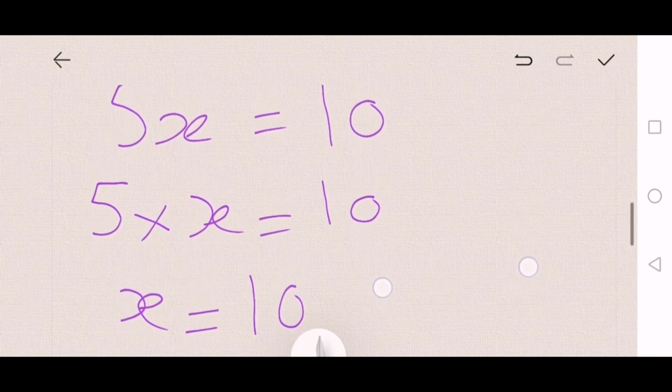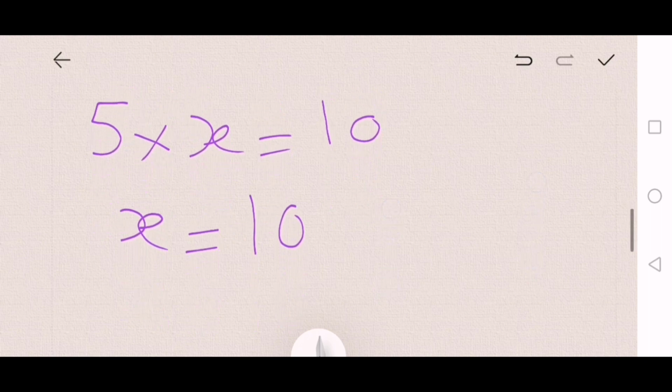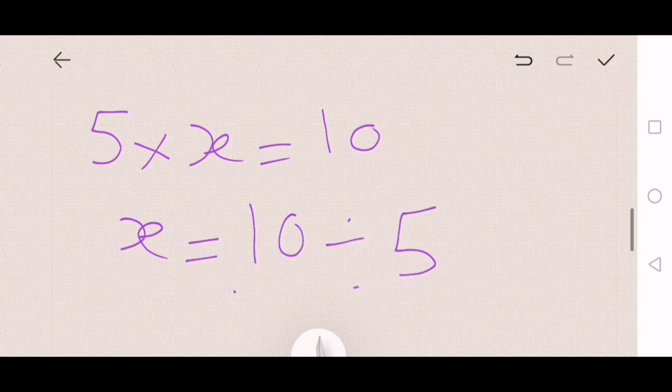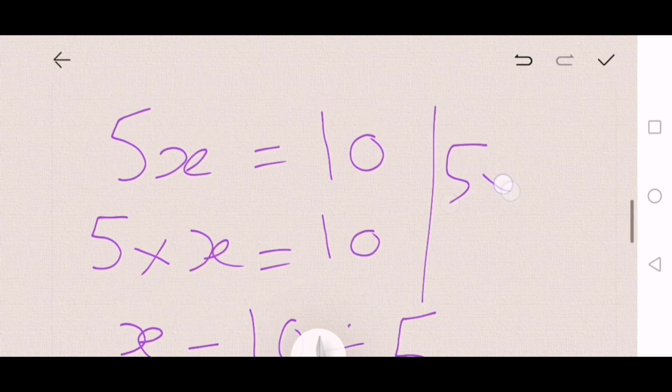So 5 times x is 10, so that should be 5. Normally you'll be writing divided 5, because this is a multiply here, so x equal to 2. So 5 times 2 equal 10.